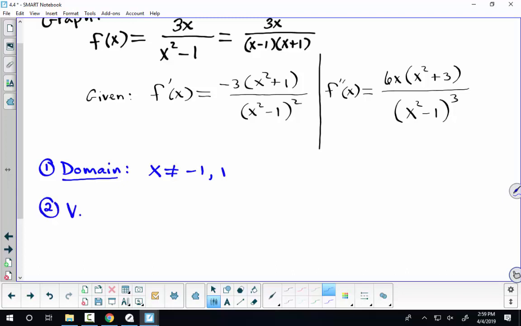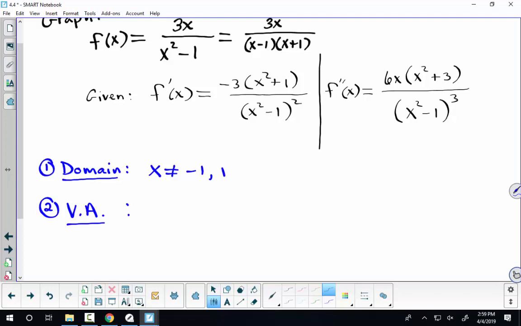So what are the vertical asymptotes of this function? The original? Yeah, f of x.